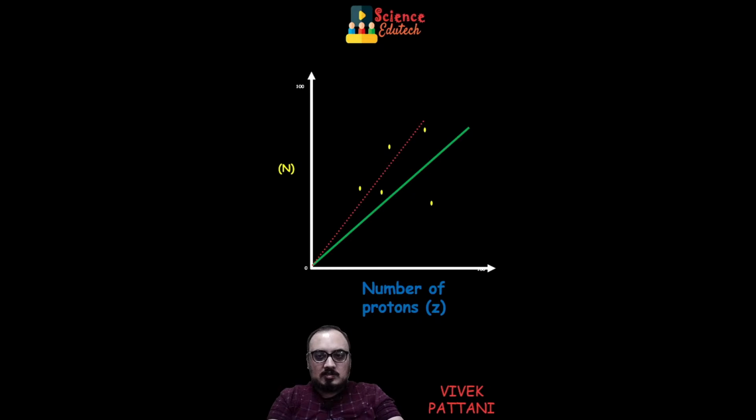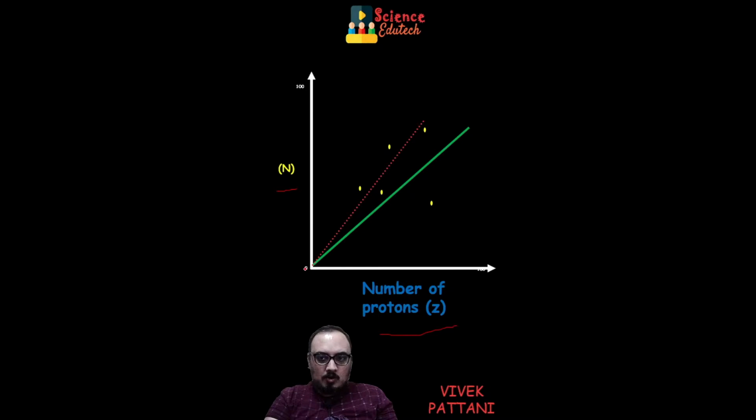This is a plot showing the relationship between atomic number and the number of neutrons. Here we have atomic number Z and the number of neutrons.